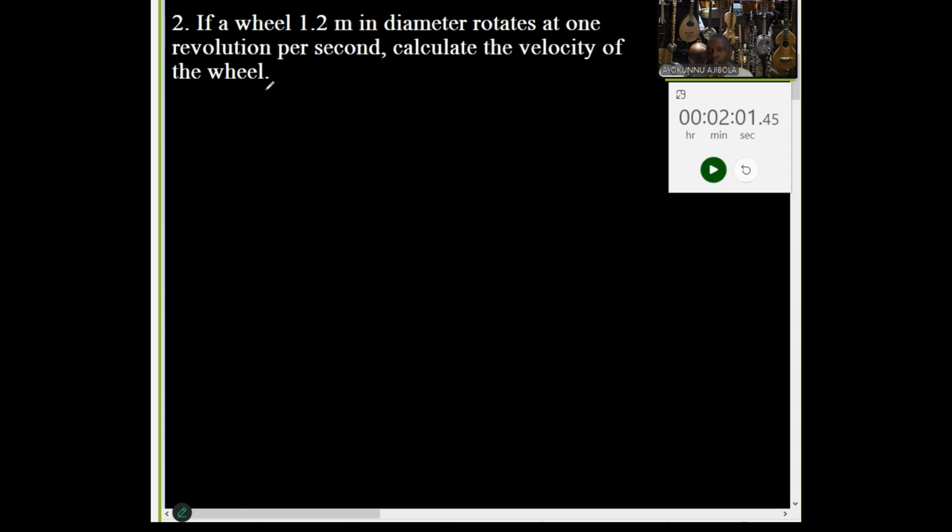Now the parameters given, we're looking for velocity, and we already have diameter, which is twice of radius, to be 1.2 meters. So that means our radius is 0.6 meters.